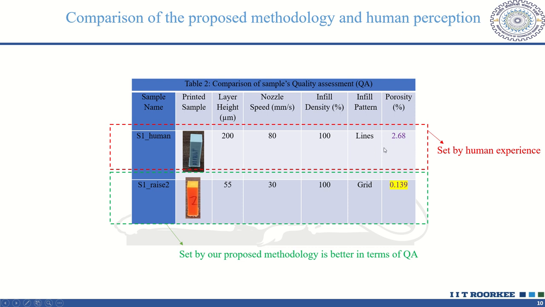The porosity in this sample as set by the human operator is 2.68%, which is very much higher than that set by our AI model 2 or the proposed methodology of our invention. So we can say that the samples 3D printed by the proposed methodology are better in terms of quality assessment. Thank you.